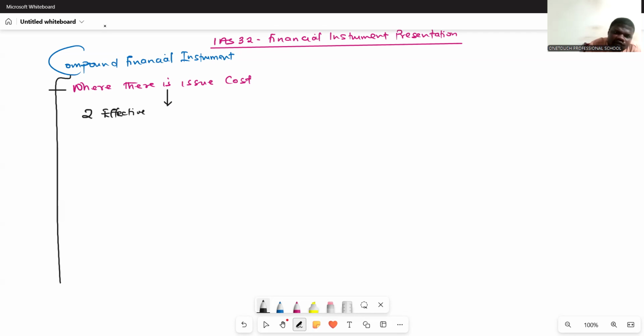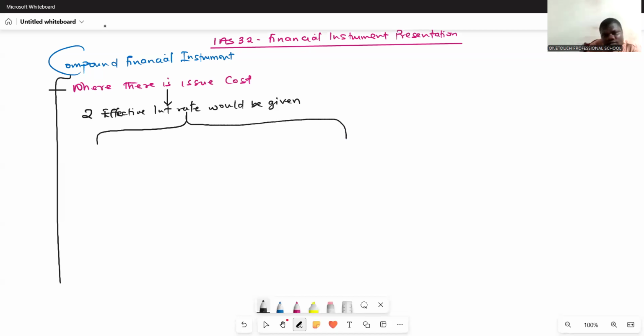One has the effect of the issue cost and one has no effect of the issue cost. These are the two effective interest rates.